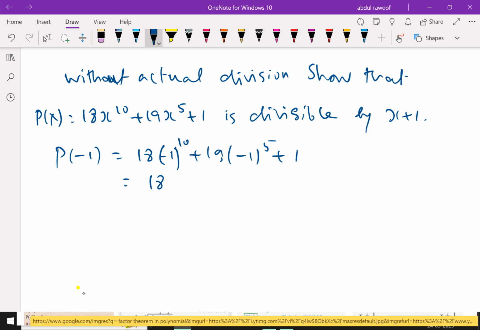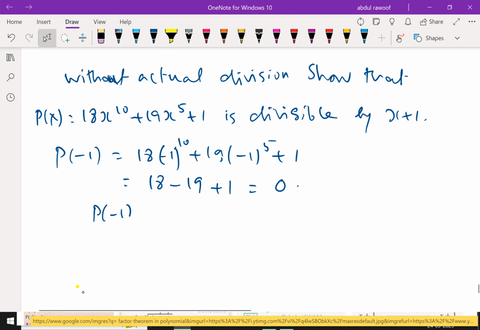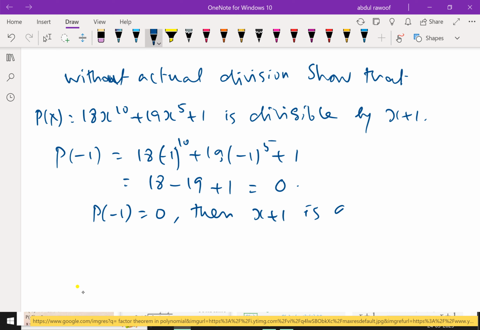An odd power of minus 1 is minus 1, so minus 19 plus 1, which equals 0, because 18 plus 1 is 19, minus 19 is 0. Therefore, p of minus 1 equals 0, so we can say x plus 1 is a factor of p of x.